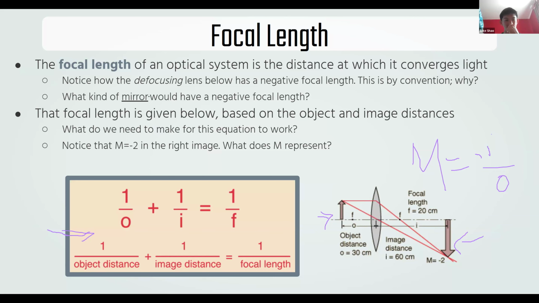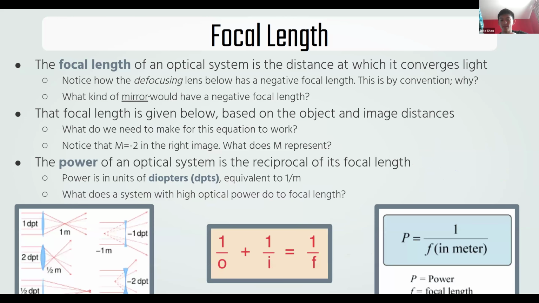So next slide. Sorry, one second. O is not necessarily proportional to I. If you hold the magnification constant, then O is proportional to I, but normally people aren't asking you to hold the magnification constant.